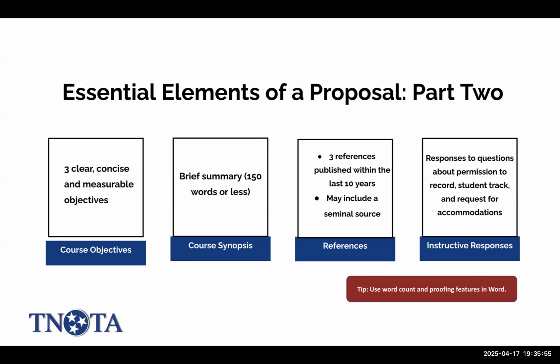So I've seen objectives come through and they'll say, during this session, the presenter will share 3 ways that you can learn more about hand therapy. Well, this is really asking for the learning objectives for the attendees or the participants, not the objectives for the presenter. So flip that.